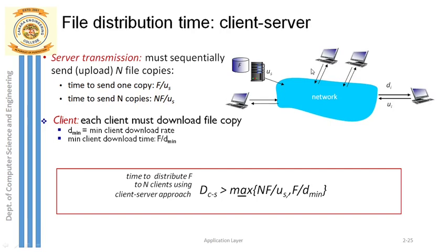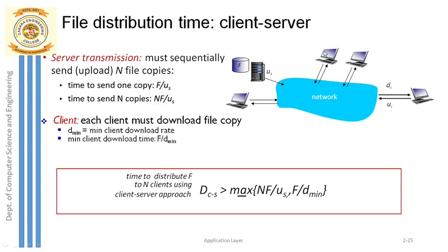So the time is at least f divided by dmin. What do we mean by f divided by dmin? For 1 GB, it should have some minimum downloading capacity. So f is the 1 GB file size, divided by the minimum downloading capacity. If it is at least that, then a client can successfully download this 1 GB file completely.